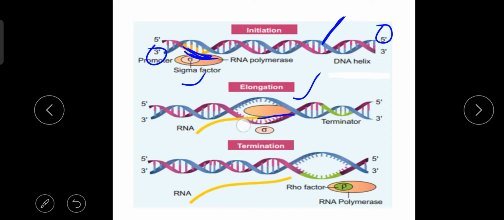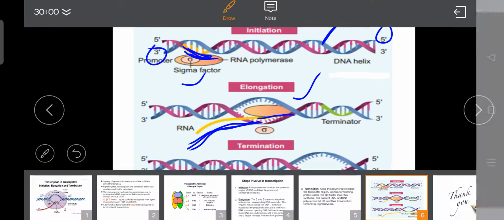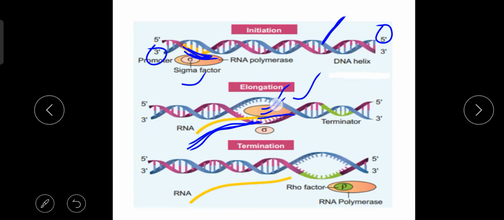This yellow one is the newly formed RNA strand, and this one is the RNA polymerase.